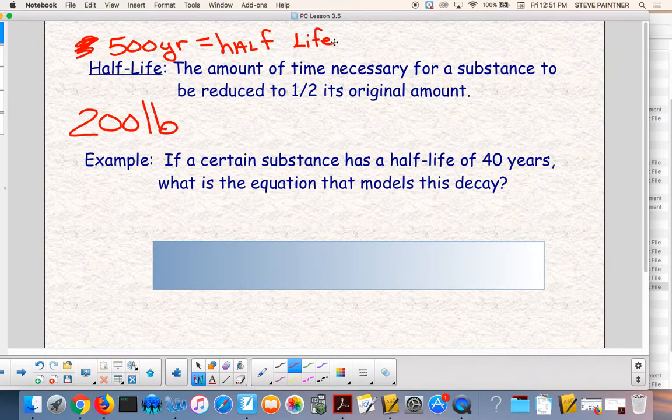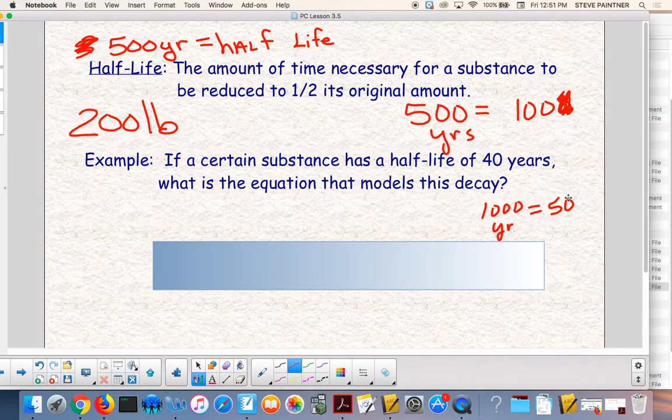So how much of that is left after 500 years? 500 years go by, what's left? How much? 100, yeah. Whoa, got carried away. 100. How about 1,000 years go by? 50. Good? You getting this? That's all it is. But see, you're not going to be asked these easy questions. They're not going to say 500, 1,000. They're going to say 1,222 years go by. How much is left? So you need a formula is what I'm trying to say.